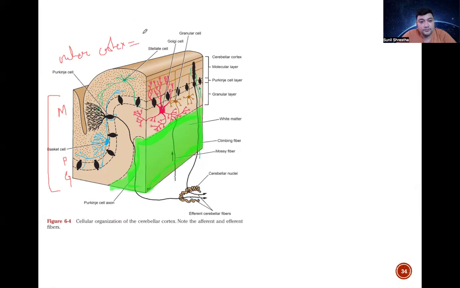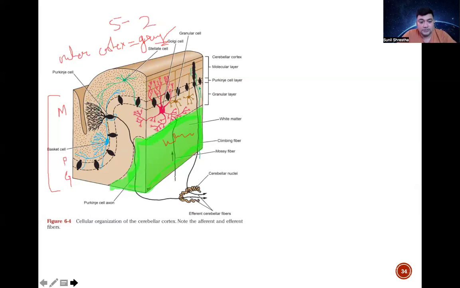The gray matter consists of three layers: molecular, Purkinje, and granular layer, where you can see different types of cells. There are five types of cells and two types of fiber.